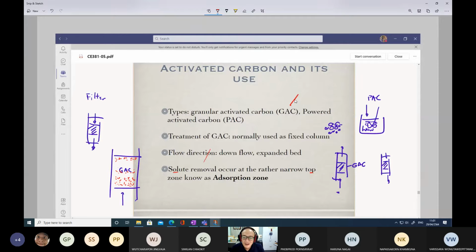The activated carbon we normally call the adsorbent, and the pollutants we normally call the adsorbate. So regeneration is a process where we try to remove the adsorbate from the adsorbent.